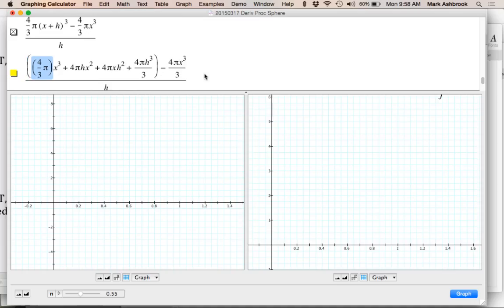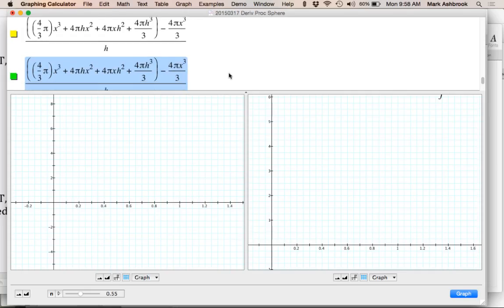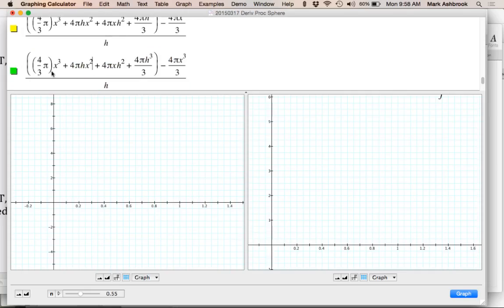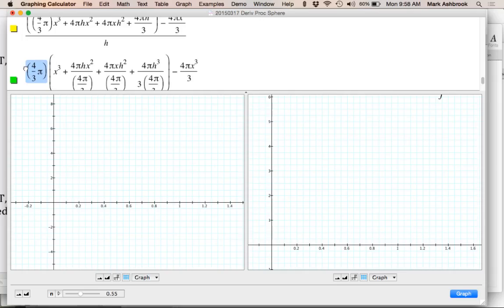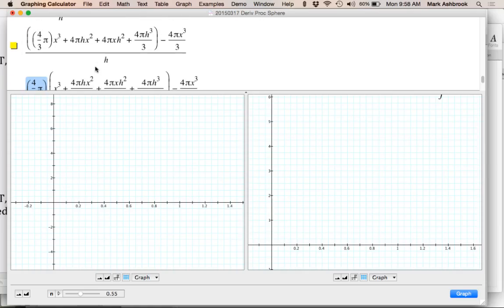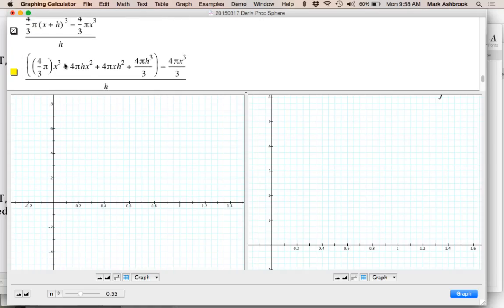So that's what I had before. So let's copy and paste that. So copy, paste. All right. So now since 4/3 pi is in both, I can grab that and pull it out. Oh, what happened? Something happened when I went around the bend. So I need to get rid of these. There we go.